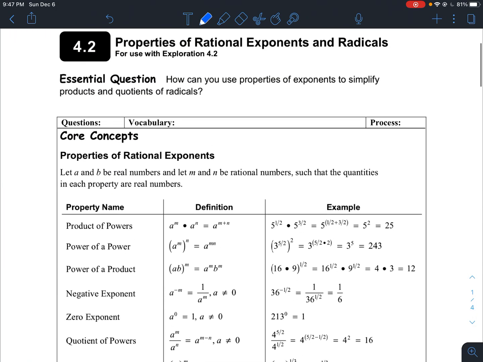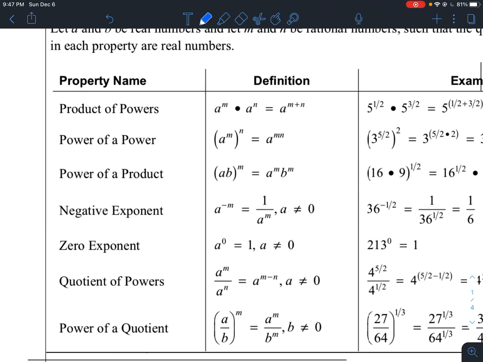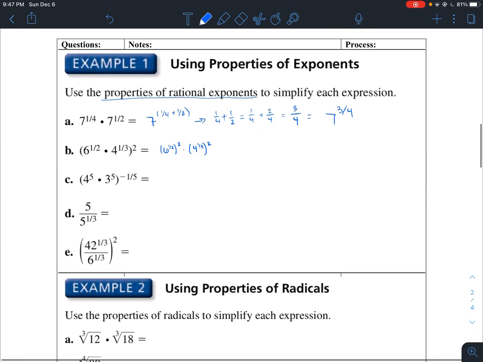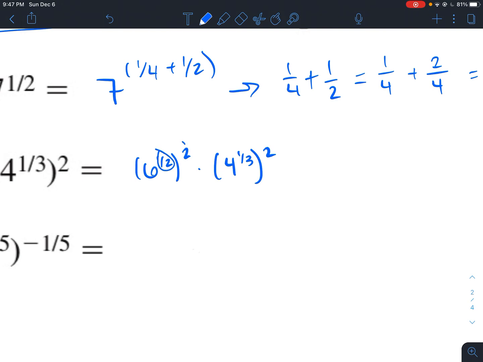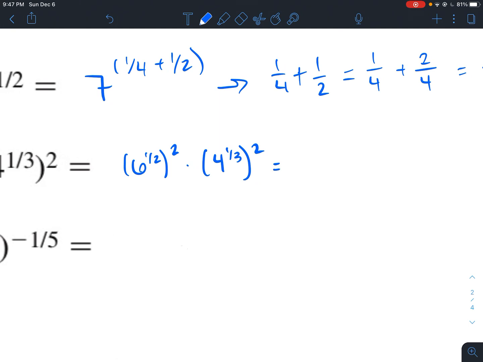Now I see that I have a power to a power, a to the m to the n. Whenever you have a power to a power, you can multiply the exponents together. So I have 6 raised to the 1/2 power, raised to the 2nd power, so I can multiply the exponents.